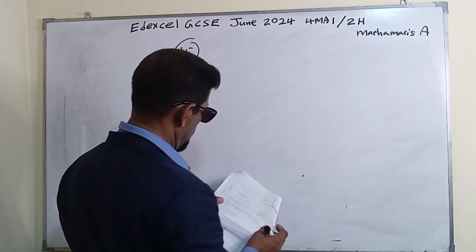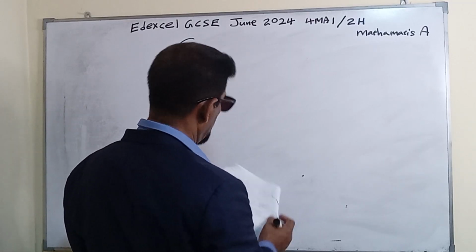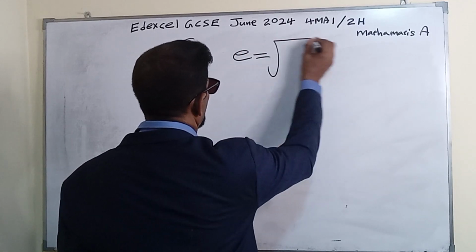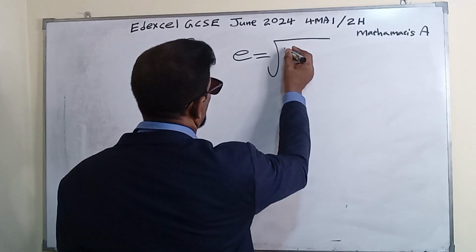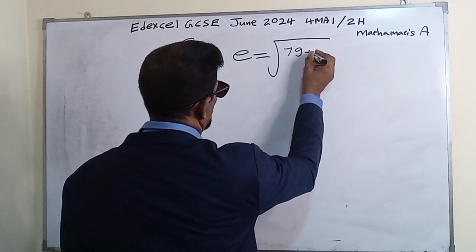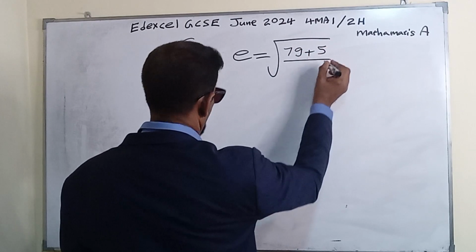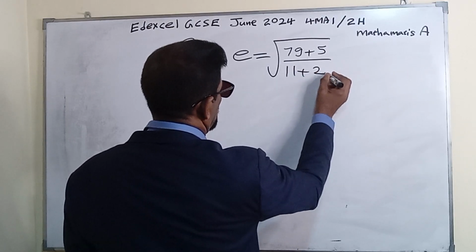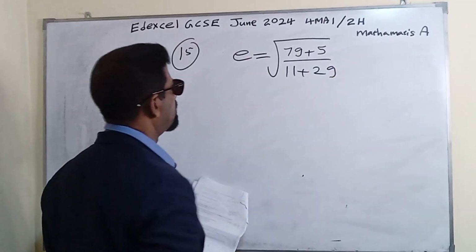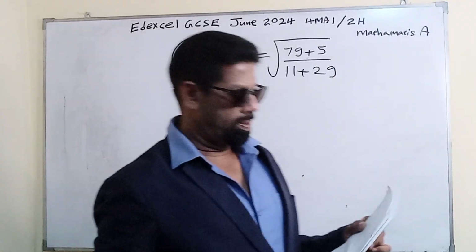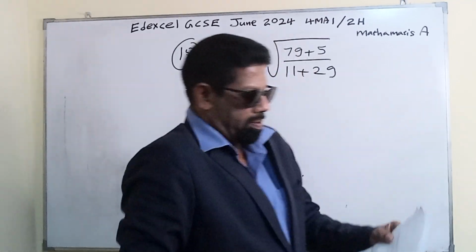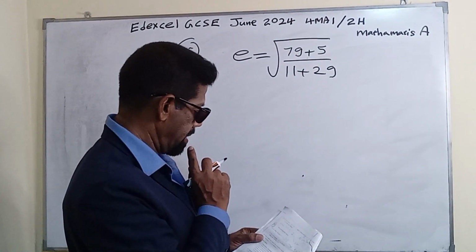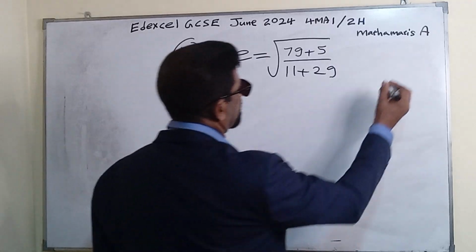E equals the square root of 7g plus 5 over 11 plus 2g. Okay, so E equals the square root of 7g plus 5 over 11 plus 2g. Make g the subject.